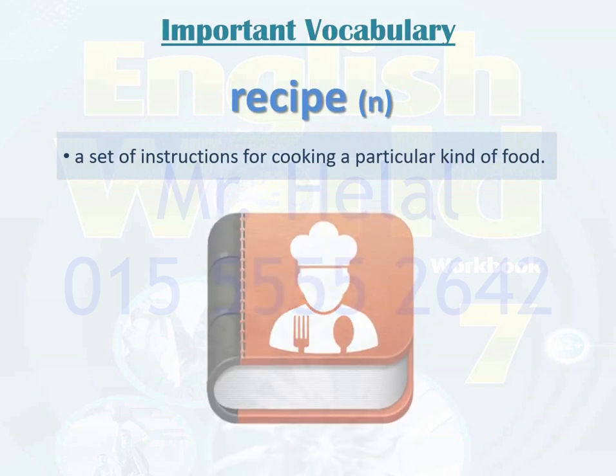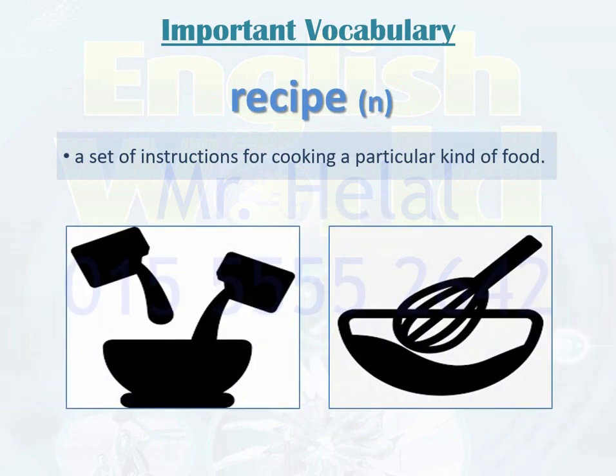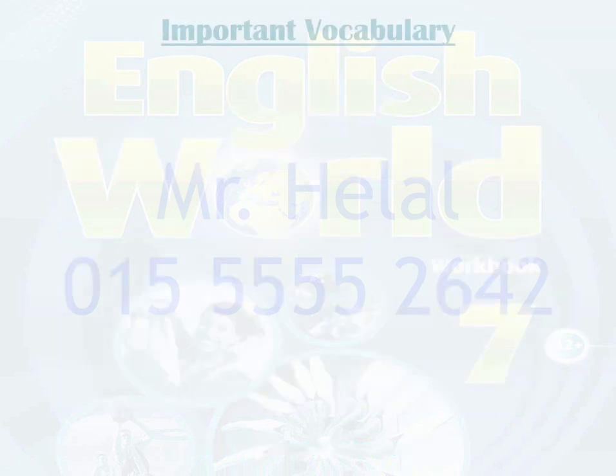Recipe يعني وصفة، والوصفة هي مجموعة من التعليمات اللي بتقول لنا إزاي نطبخ نوع معين من الأكل. Example: This is the recipe for making pizza. هي دي الوصفة اللي بيها إزاي هنقدر نصنع البيتزا.